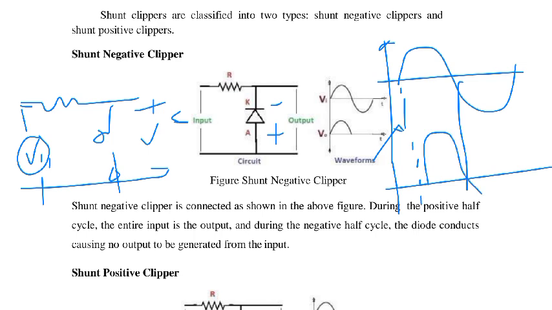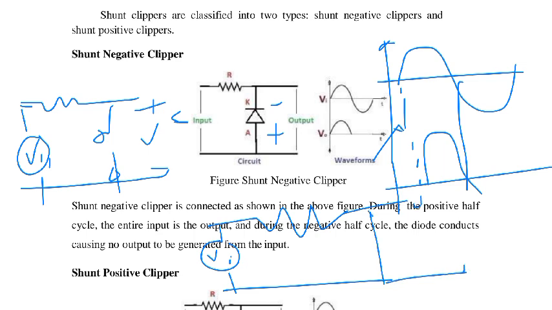During the negative half cycle, this diode will conduct. If we provide input from here, the diode is ideal, so it becomes a short circuit, and we are taking the output across it. So at that time the output must be 0, because the circuit is clamping the negative input.